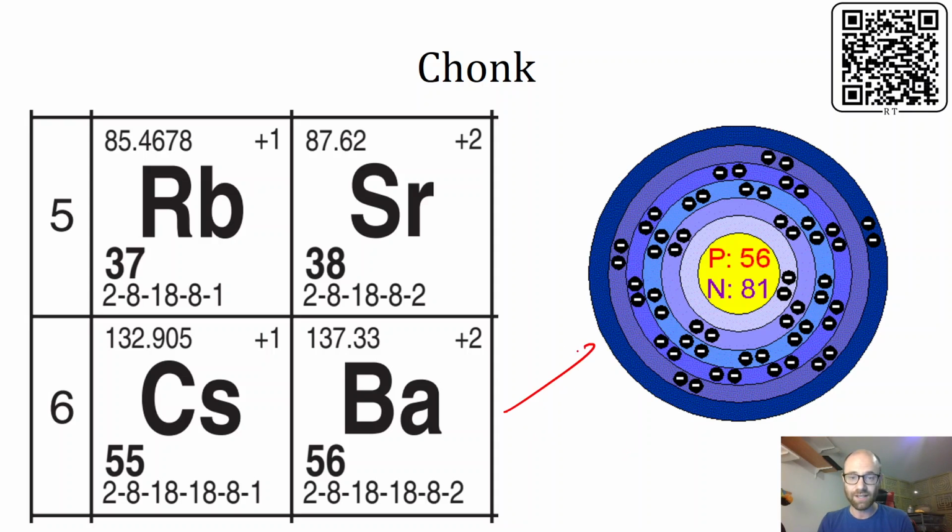This here is an atom of barium. You can see that the protons and neutrons are given for the most common isotope, 137 AMU. And the electron configuration of 2, 8, 18, 18, 8, 2 is being shown. That's a lot of electrons.